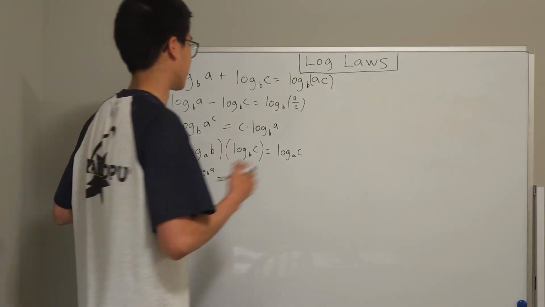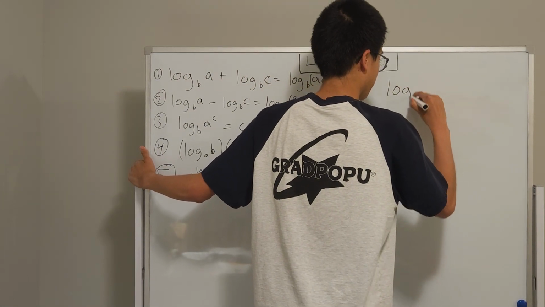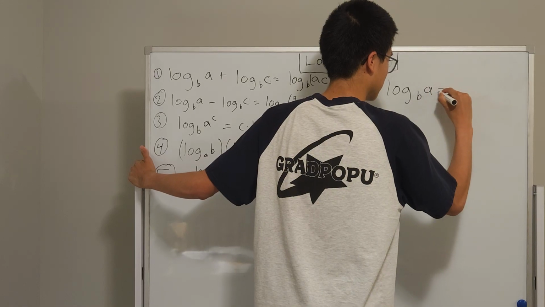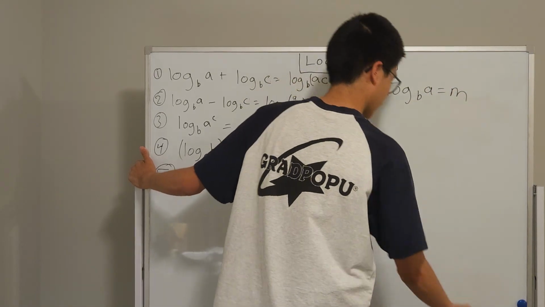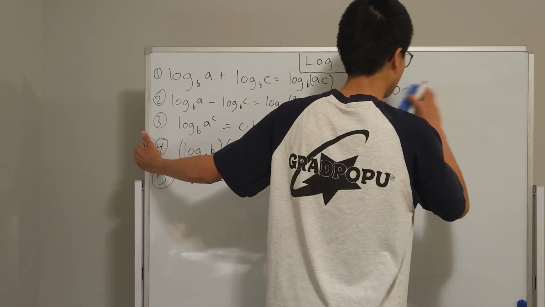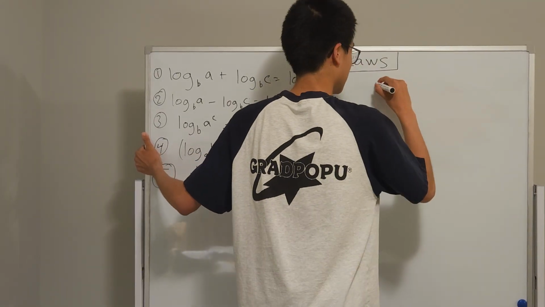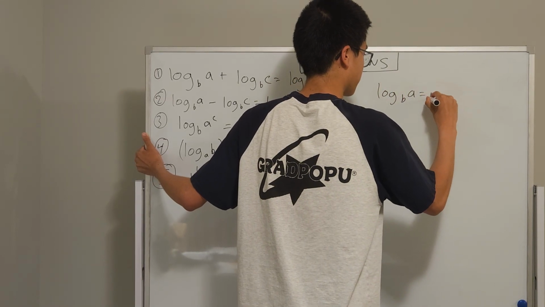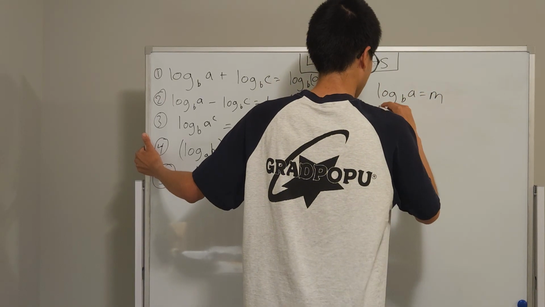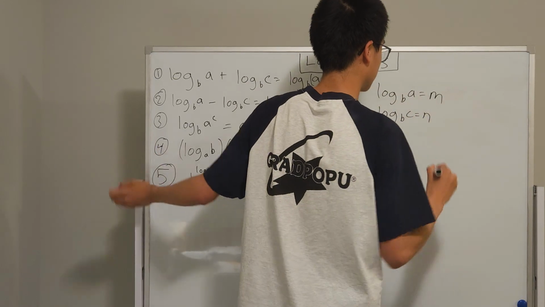Let's say log base b of a equals m, and log base b of c equals n.